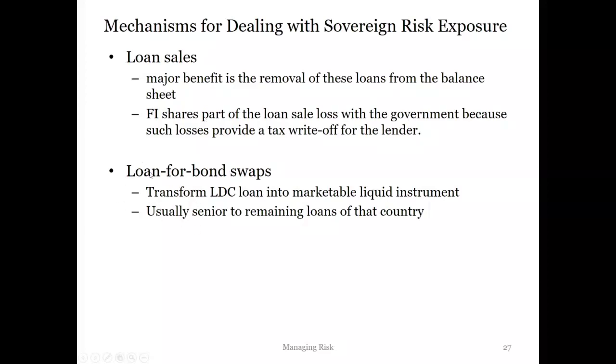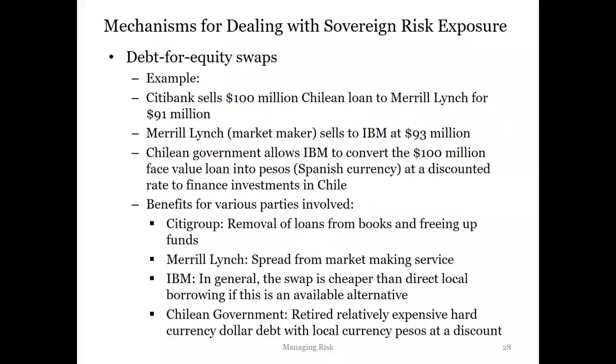Another option is loan-for-bond swaps. If we have a bank loan with a foreign government, we can try to swap the loan into bonds. Bonds have a secondary market where we can trade and sell them, so in that way you gain some liquidity from this kind of swap.